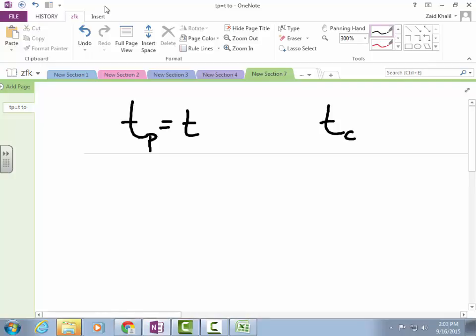Plus 1. That's right. The best way to do this is just count it out. You say, I want that cop to start at 0. Well, if the cop starts at 0, the other guy's already 1 second ahead. So he's at T plus 1.